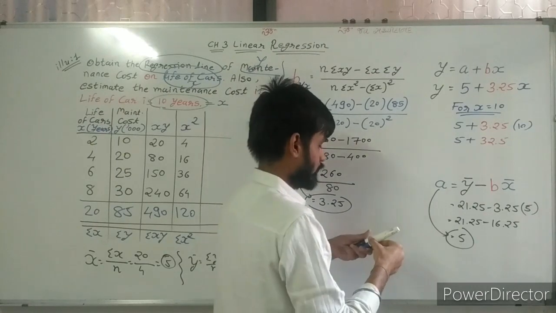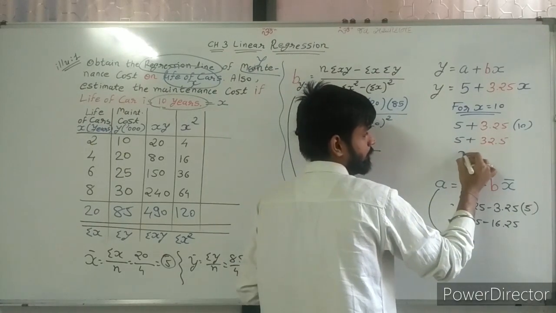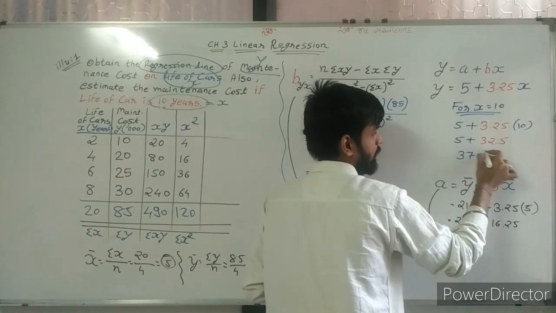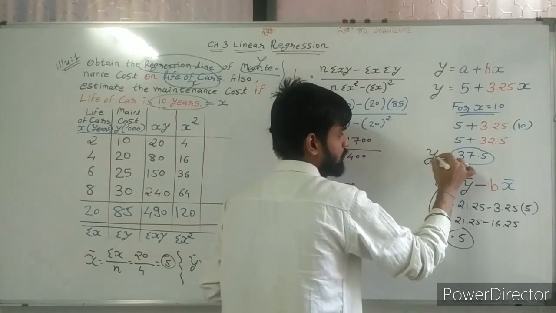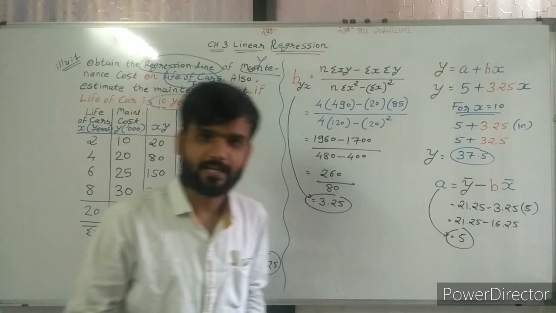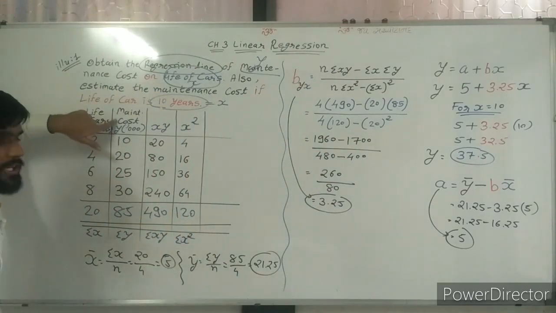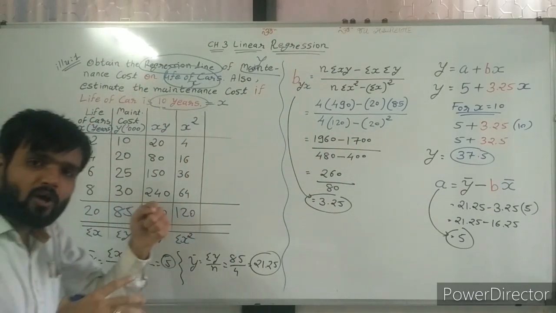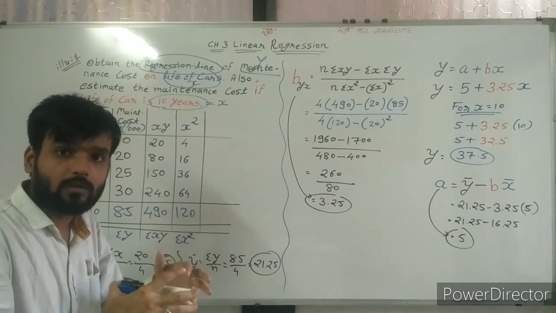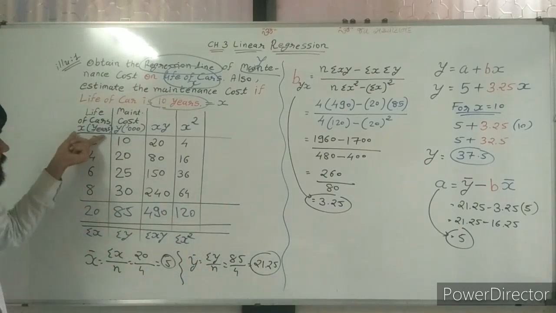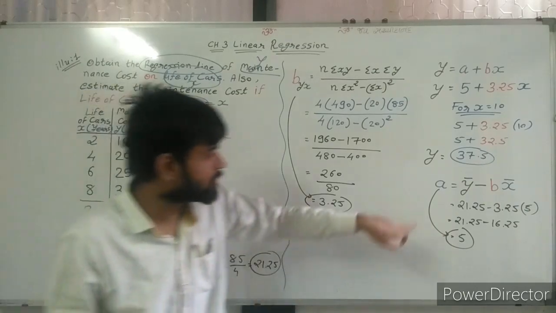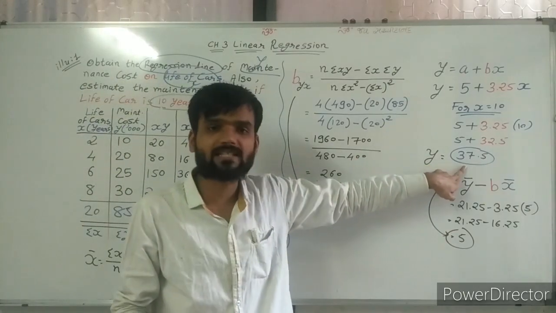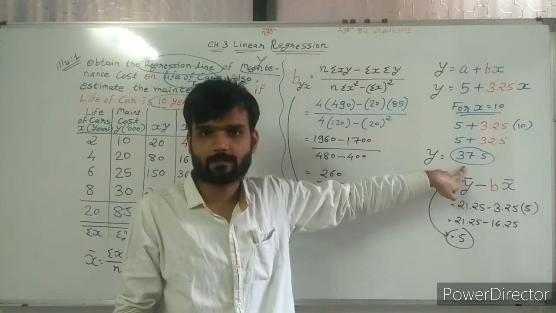Now the total of these two, 32.5 plus 5, is 37.5. So this is the estimated value of Y, meaning the estimated value of maintenance cost. When the life of the car will be 10 years, then the maintenance cost is 37.5 thousand rupees.